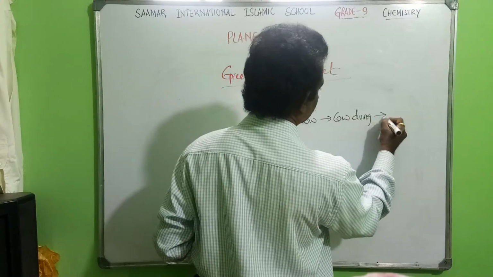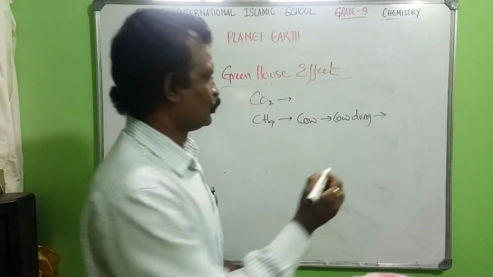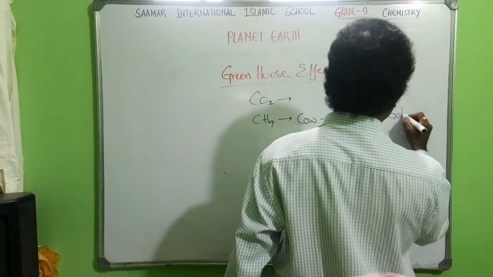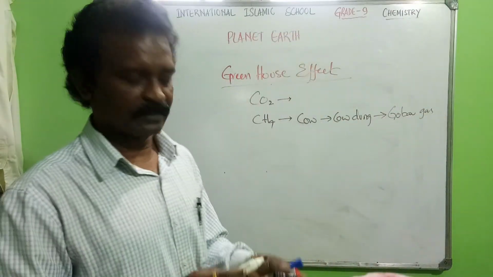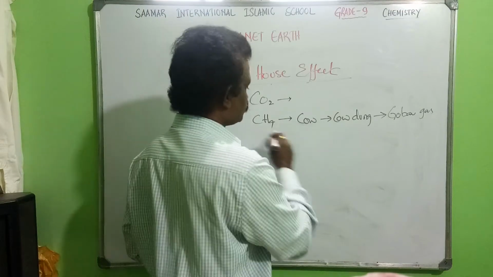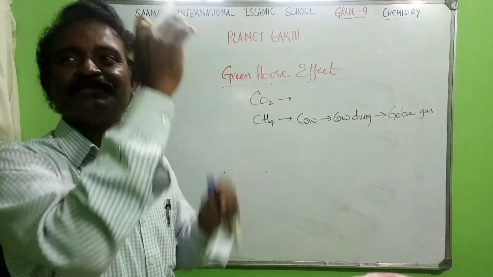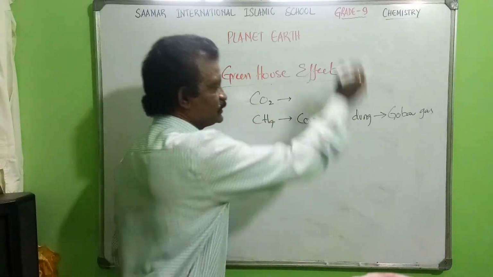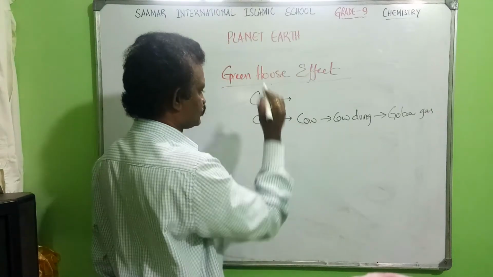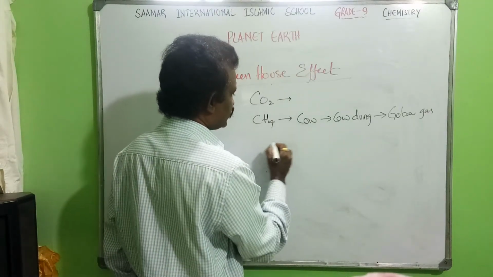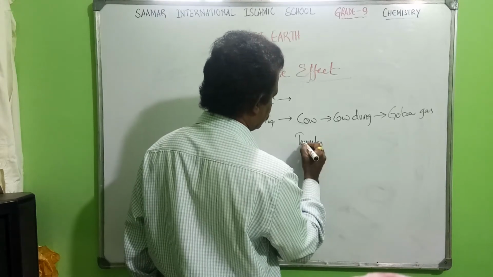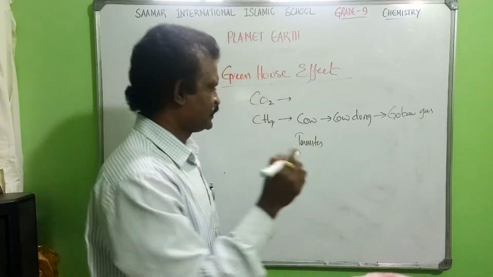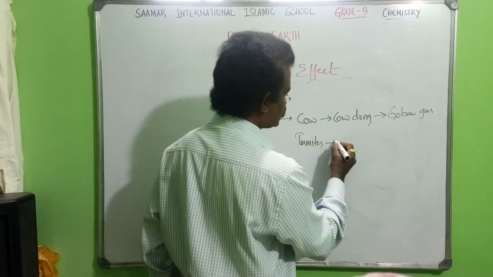We call this gobar gas. So this gobar gas releases methane. The cow dung is releasing methane. The cow is responsible. Now, next one, termites. You know what termites are? A small white ant. They make this snake hub.